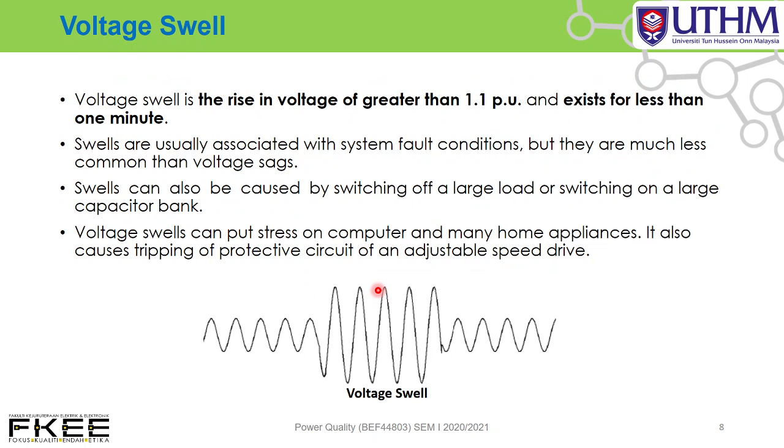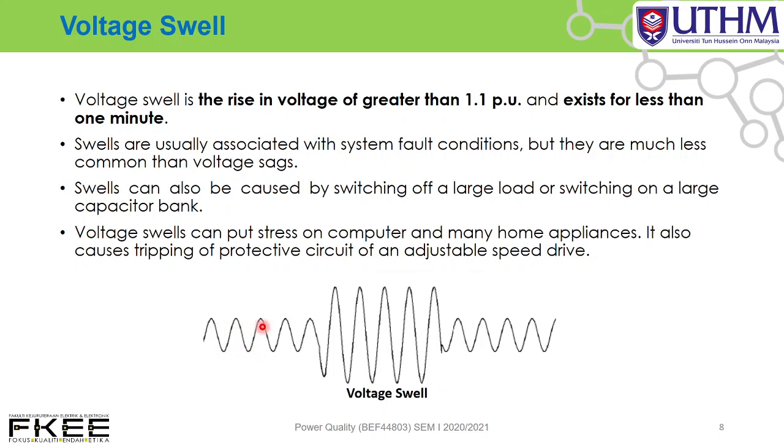Okay, number 2, we have a voltage swell. This is the power quality problem related to voltage swell. What is the meaning of voltage swell? Voltage swell is a rise in voltage. Let's say this is a normal voltage. Look at this figure.